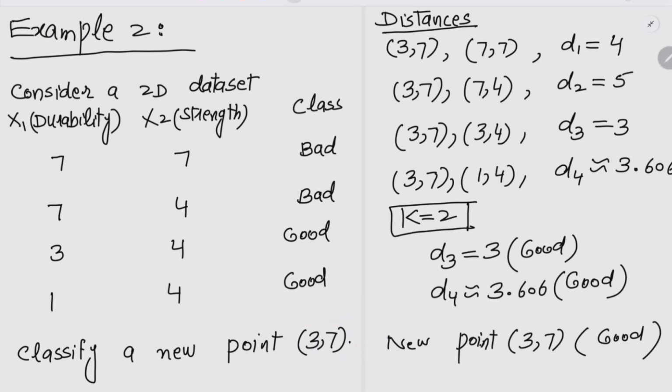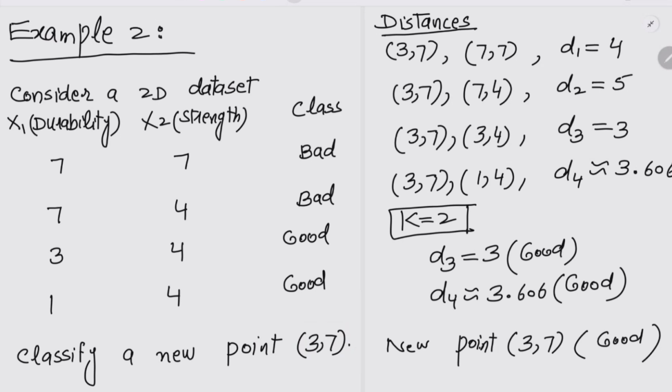The same thing applies: we need to find the distance between the unknown point and the given point 7 7, and you can easily find the distance by the Euclidean formula. Here it will be the square root of (7 minus 3) squared plus (7 minus 7) squared, which gives the square root of 16, equal to 4.